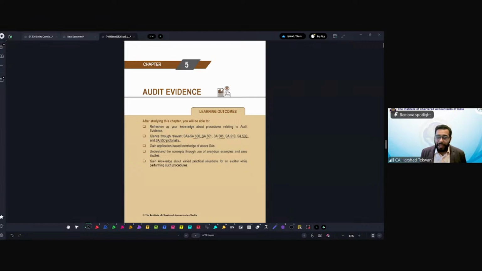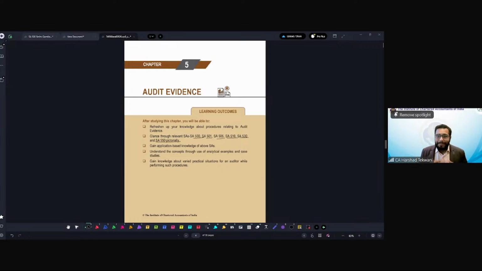We are going to discuss each of the standards in detail so that you can understand the concepts with much more clarity, and then we will be solving some questions on this part. Basically, chapter number 5 talks about audit evidence, the evidence that you gather while performing the audit.